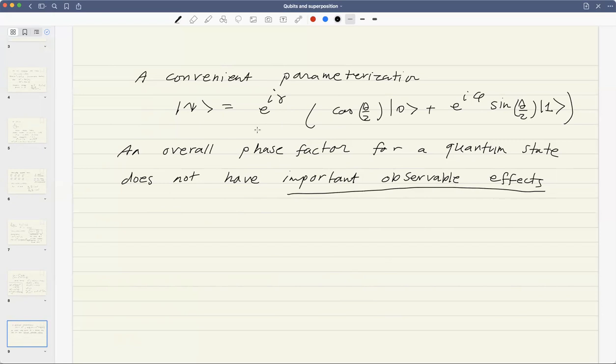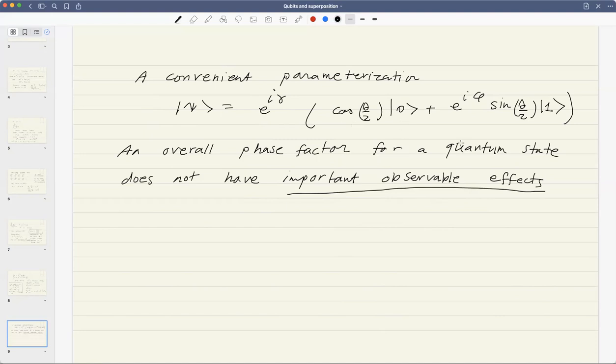So as you can see, it for sure doesn't change any probabilities. And you could also argue that this e to the i phi also doesn't change the probabilities for 0 and 1.